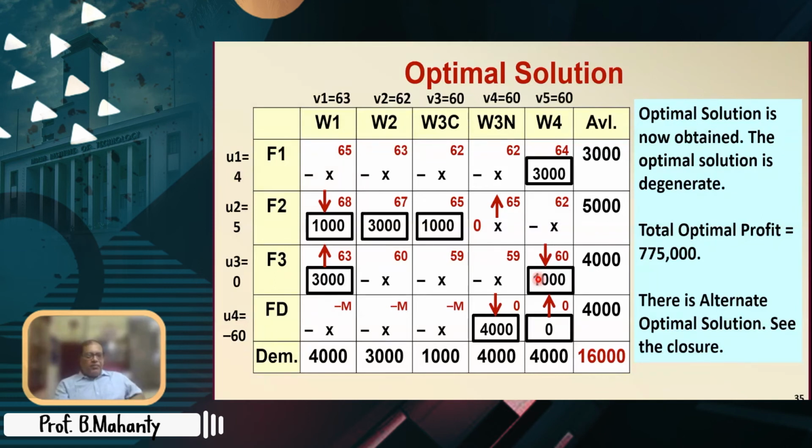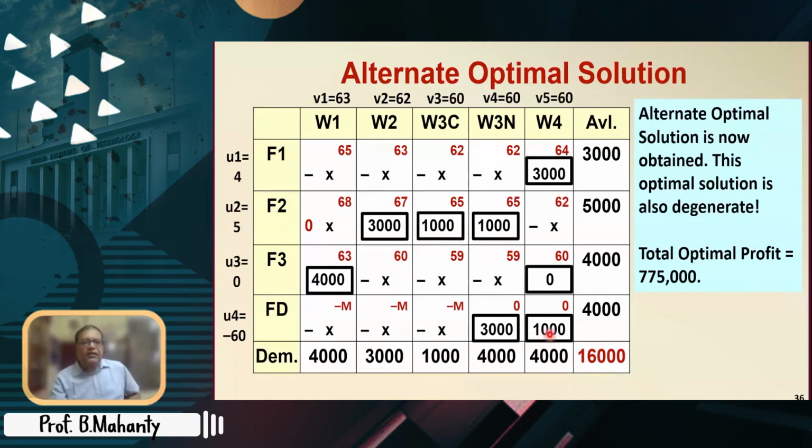So what is really happening is that this 0 becomes 1000 definitely. So look here, that is our final solution: 3000, 3000, 1000, 1000, 4000, but this 0 is retained. All right, and this 0, which earlier was 0, now becomes 1000. Is it all right? So this is the alternate optimal solution.